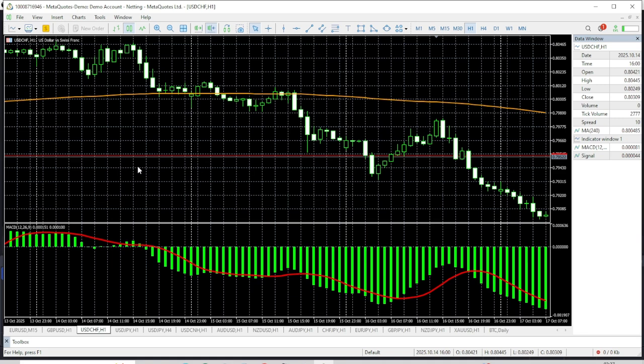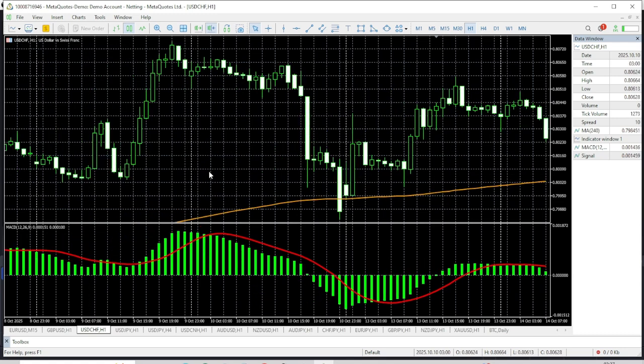But your trigger is going to be the MACD, the moving average convergence divergence indicator. So we use default MACD, and for buy conditions, the default MACD must be above the zero line.